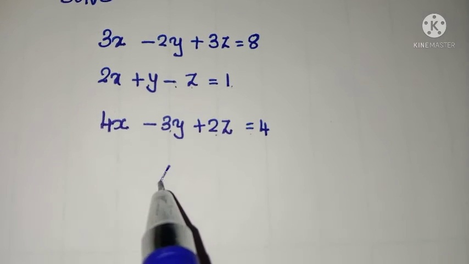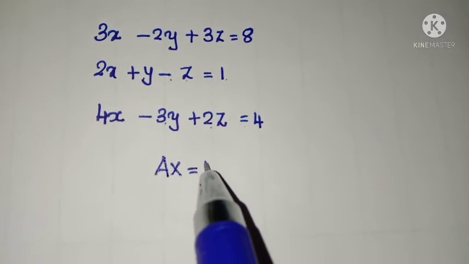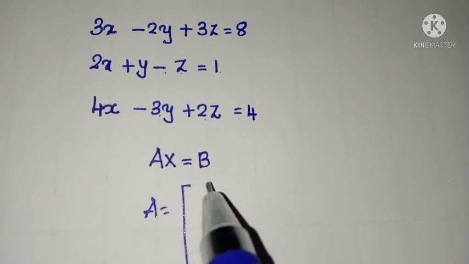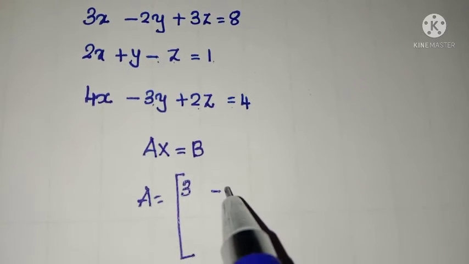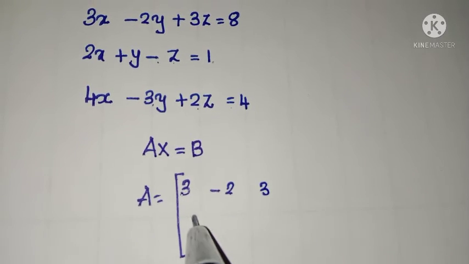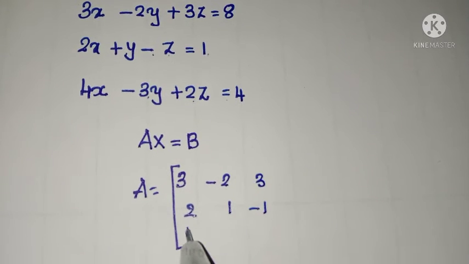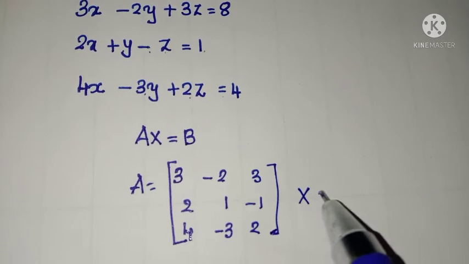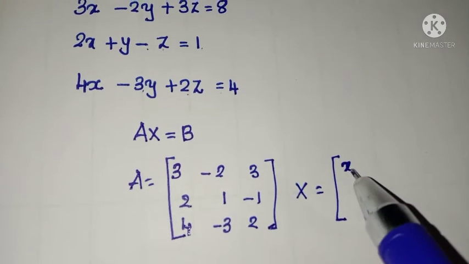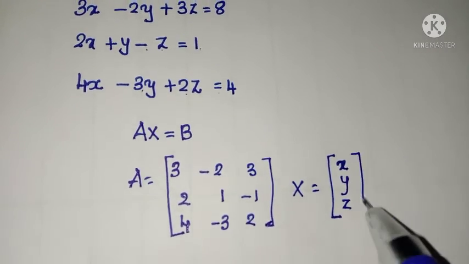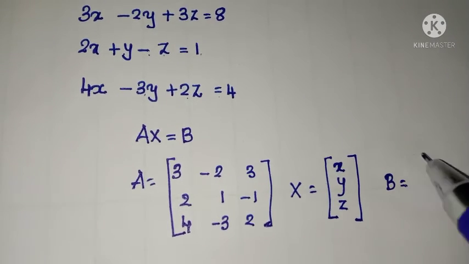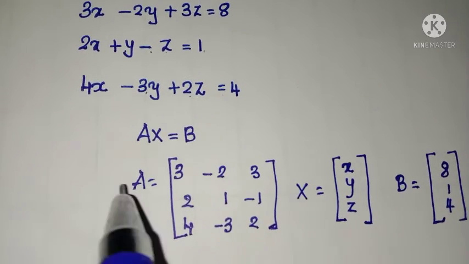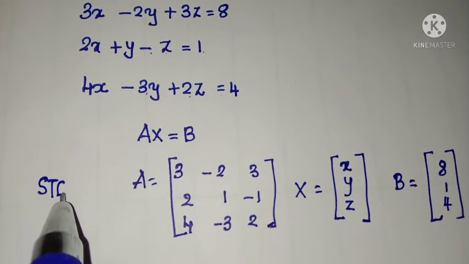First we want to convert this equation into the form AX equal to B. Here A is the coefficient matrix: 3, minus 2, 3, 2, 1, minus 1, 4, minus 3, 2. Now X is the variable column matrix x, y, z. Now B is the constant column matrix 8, 1, 4. So this is the first step.